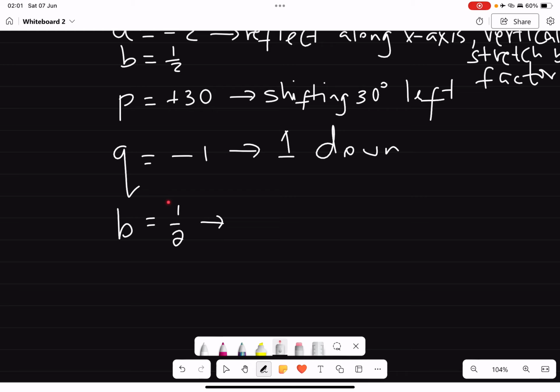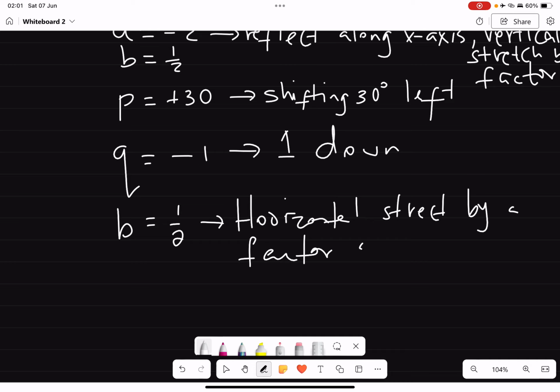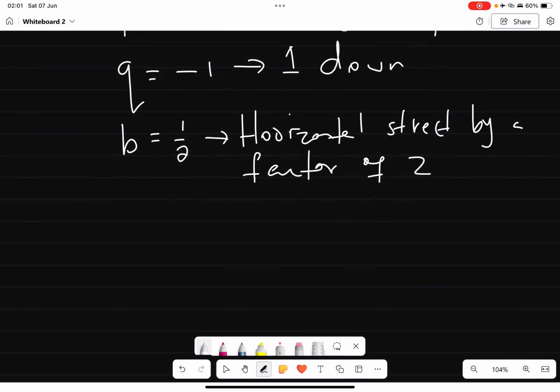So I am stretching. So this is a horizontal stretch by a factor of 2. What I mean is this, ladies and gentlemen. If I have B equals 2, then when I reciprocate this, I see that I'm getting 1/2. Now this would be a compression. So I'll say horizontal compression by a factor of half. I'm sure that makes sense, ladies and gents.